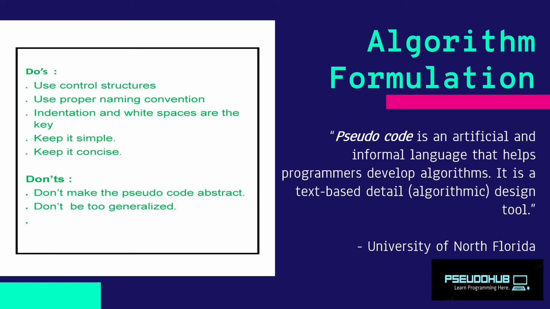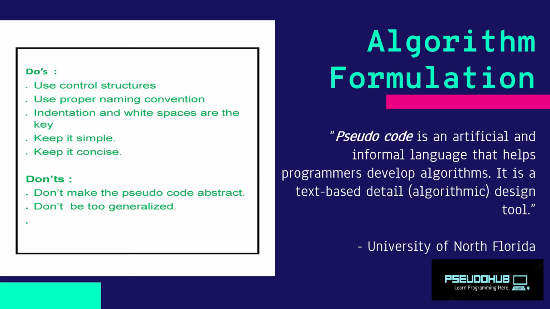For example, if the grade is less than 75, meaning failed. Else, meaning passed. Another one is a while. While number is not equal to 100, the statement repeats. So we count from 0 to 100, and it stops at 100. So that's an example of control structure in pseudocoding.